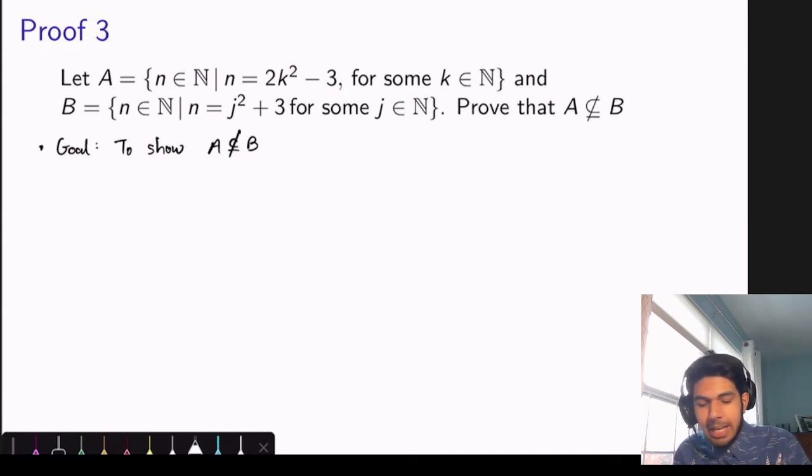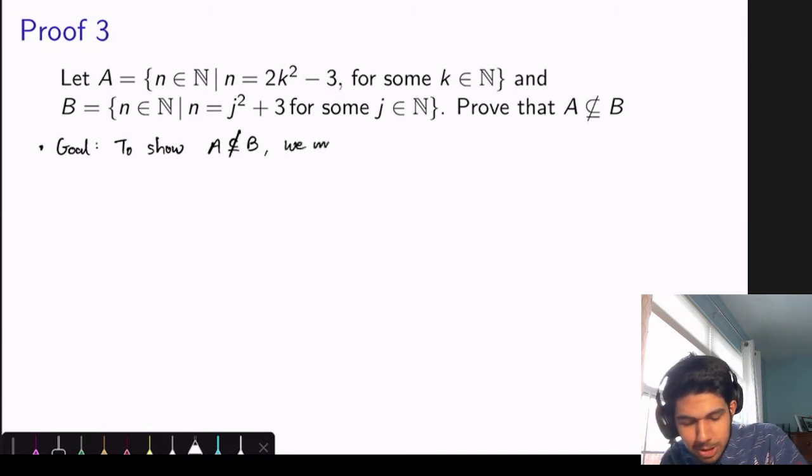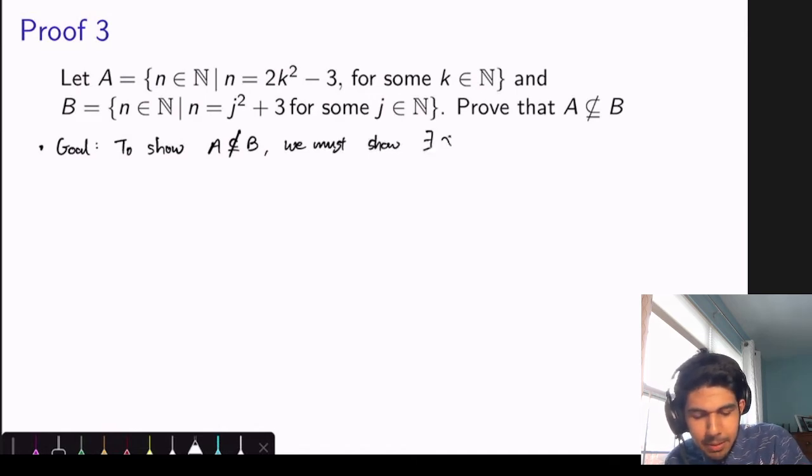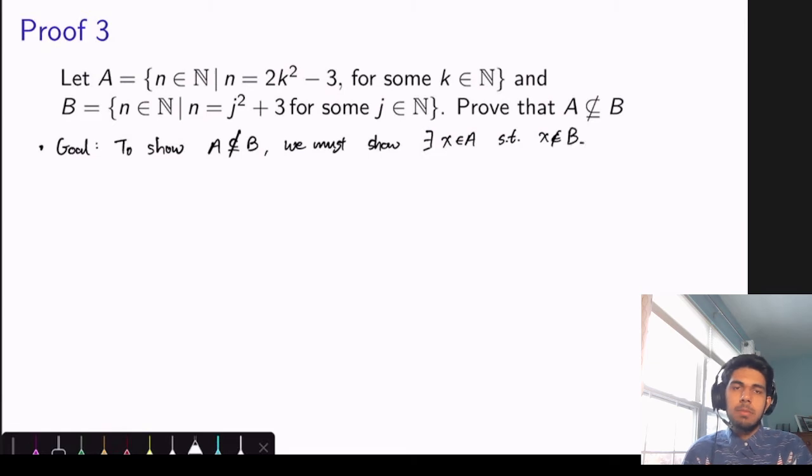So to show that A is not a subset of B, we must show there exists, that's the symbol for exists, some element X in A such that X is not in B.